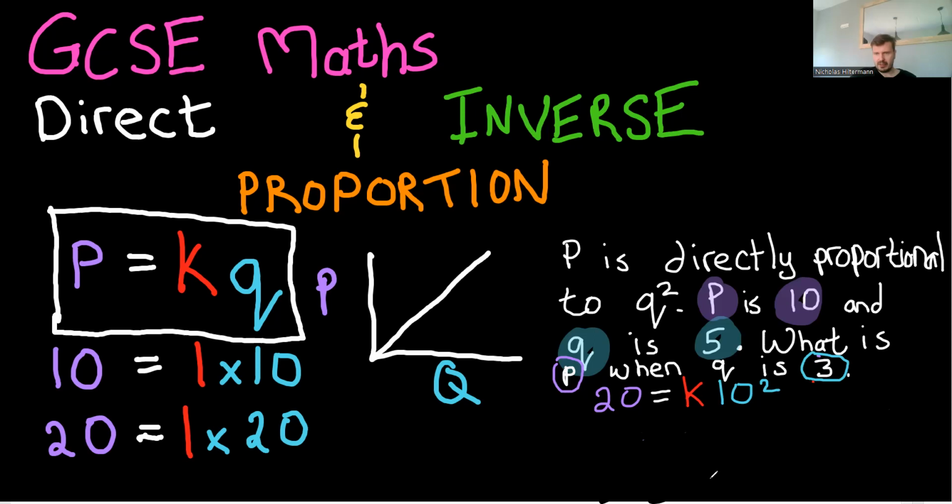We would do the same thing, except instead of putting Q, we put in Q squared because it's directly proportional to Q squared. P is 10, Q is 5, so I'd have to put a 5 in the squared bit.